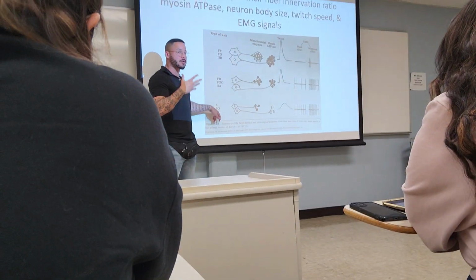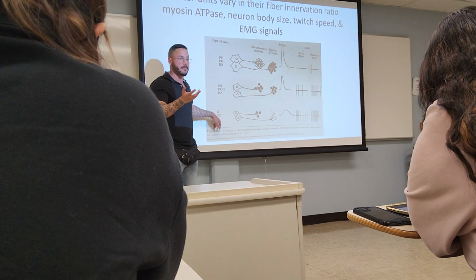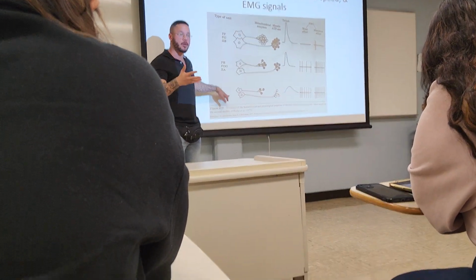It could also be called slow oxidative. That's talking about the oxidative qualities of the fiber, which is more biochemical, more than neurological or nervous system. Then you have type 1, which is the myosin heavy chain, or the ATPase, right? All those collectively are used kind of interchangeably, even though they really shouldn't be, but that's the qualities we see about them.